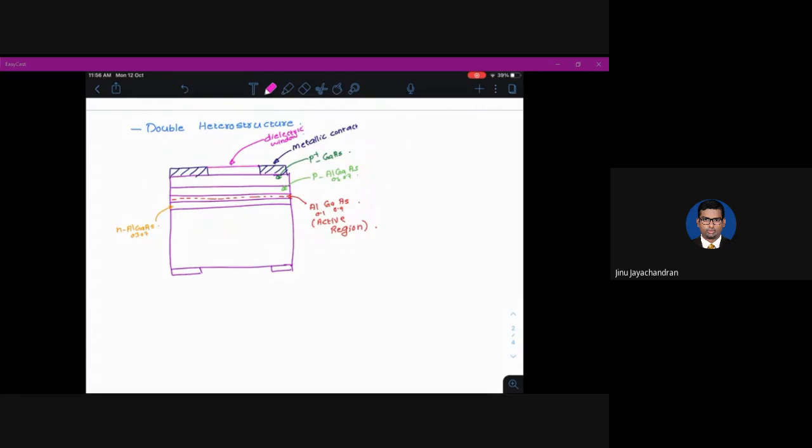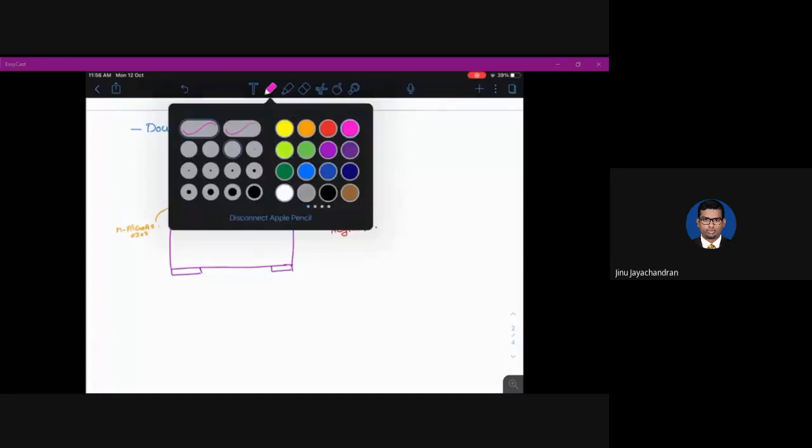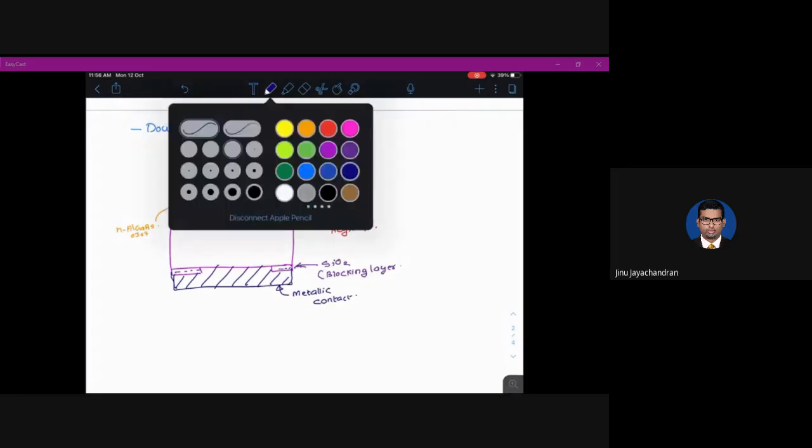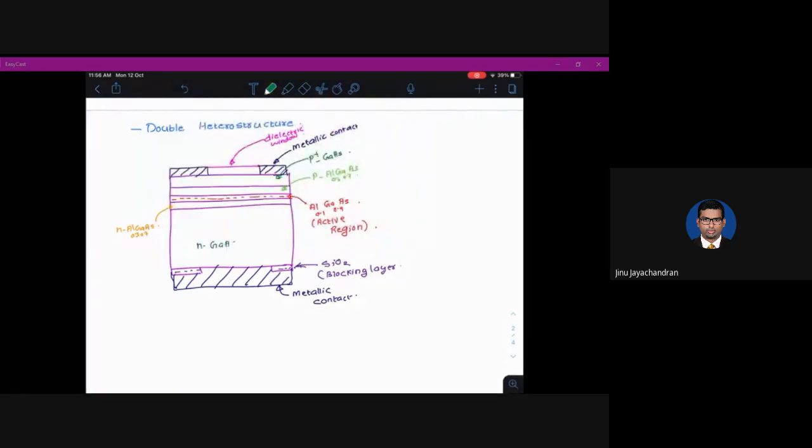At the bottom, this is silicon dioxide. It's actually a blocking layer. And finally, it will also have a metallic contact. The substrate can be N-type gallium arsenide.